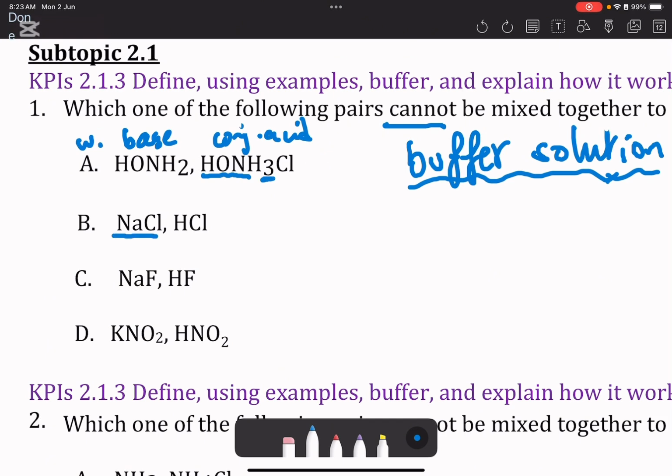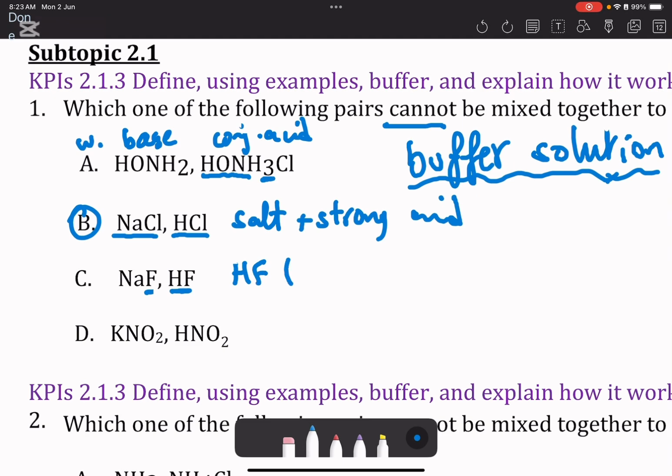Now that's a salt, NaCl, a neutral salt, and that's a strong acid. So neutral salt plus a strong acid. That's not an option to form a buffer solution. And this one, that's a weak acid and its own conjugate base, F minus. So here we have HF and F minus.